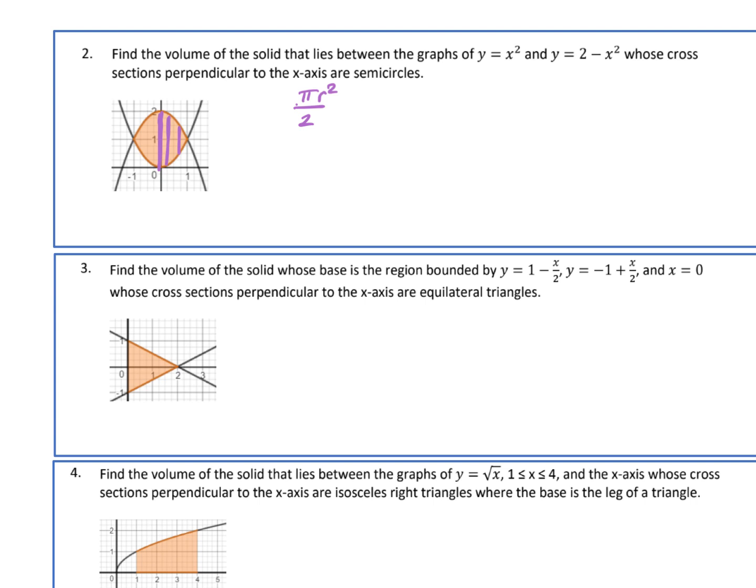But what we could do for a semicircle is, remember, this is the diameter. So the radius is always going to be... we'll just call the radius d. No, let's not make it confusing. So it's pi r squared over 2. But the radius is half of the diameter, right?